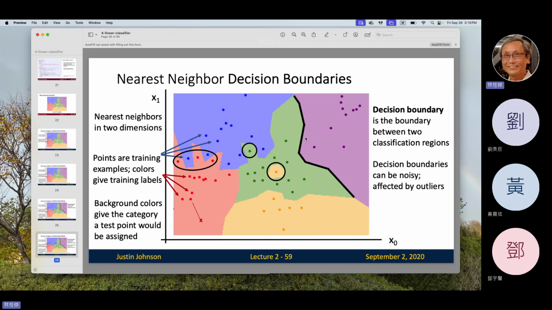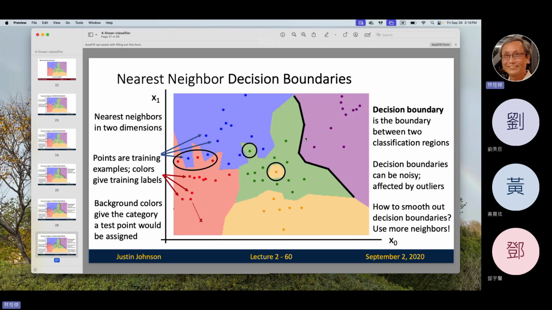In a lot of systems you are given training data that is noisy, meaning it is not 100% correct, and unfortunately your system will then make decisions like this.